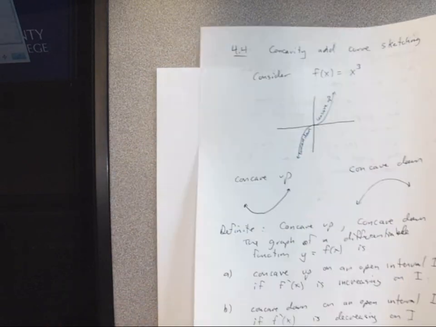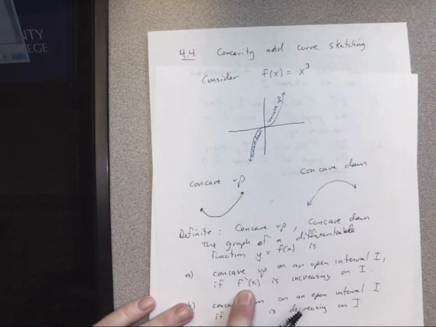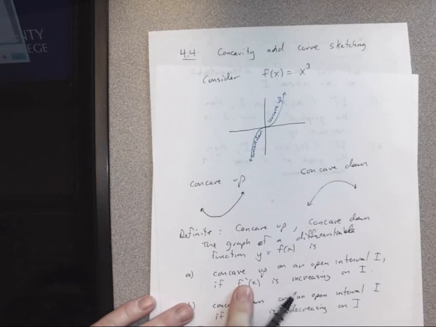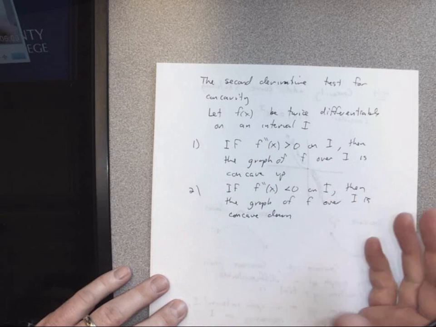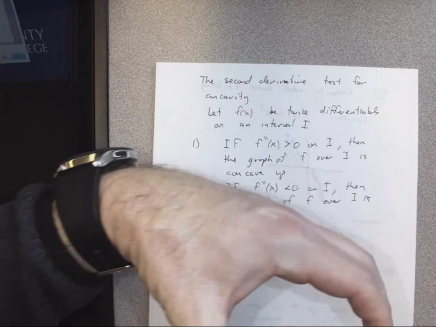Remember, it's concave up if the derivative is increasing. How do you determine if this thing is increasing? You take its rate of change and see if it's positive. If its rate of change is positive, then it's concave up. If its rate of change is negative, then it's concave down. Its rate of change would be the second derivative in both cases. So the second derivative is positive, concave up. The second derivative is negative, concave down.